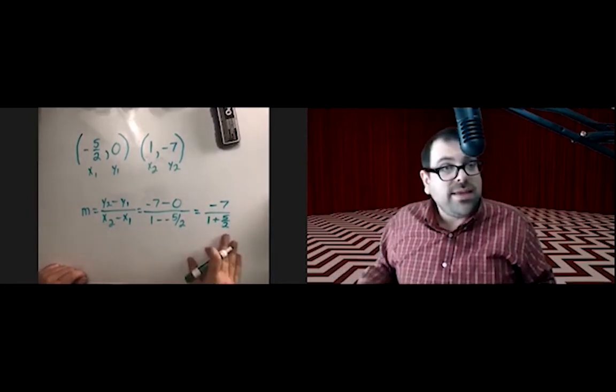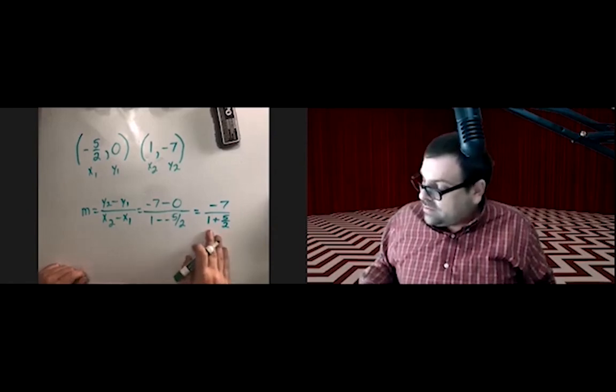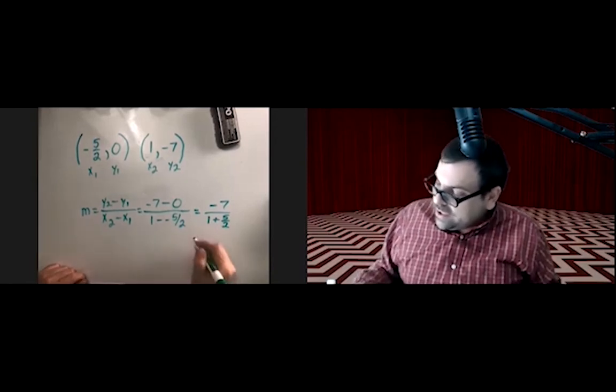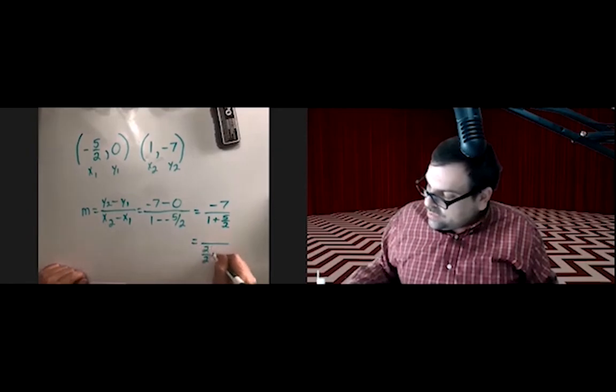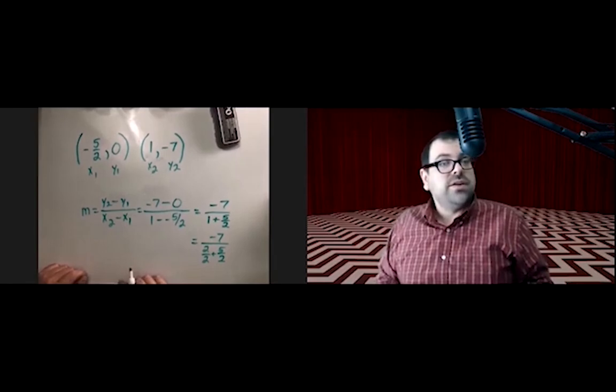Let's go ahead and add these. 1 over 1, but we need to have a denominator of 2. So 1 is 2 over 2 plus 5 over 2. And we have that -7 on top.